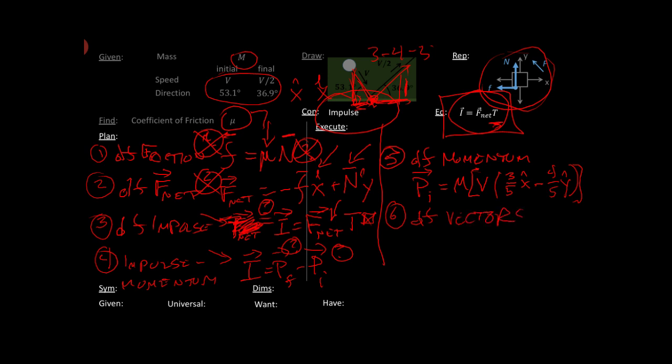Why? Because the momentum is equal to its magnitude, which is the mass times the speed, times the unit vector, which is its direction, which in this case is 4/5 in the x direction plus 3/5 in the y direction. We could have done that through lots of different steps as well.